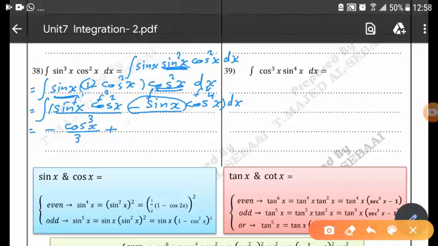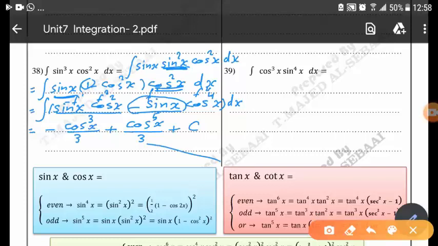So it's going to be cosine to the power of 5 x over 5 plus c. This method, I think it's much easier than the way that we did before. Okay?